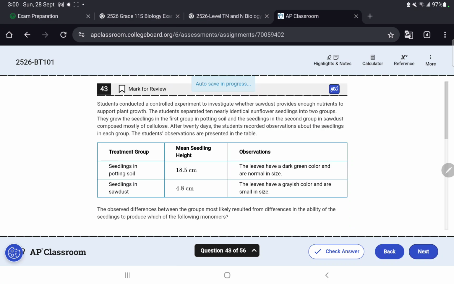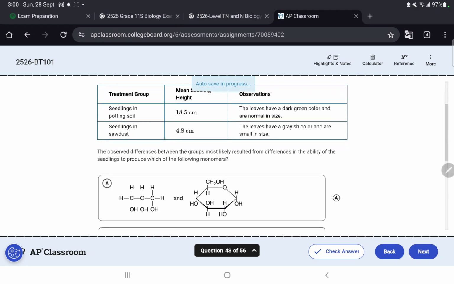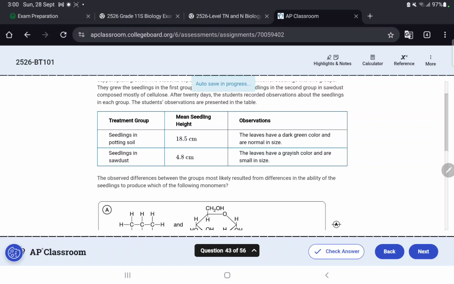Okay, so students conducted a controlled experiment to investigate whether sawdust... Wait, let me read the question first. The observed differences between the groups most likely resulted from differences in the ability of seedlings to produce which of the following monomers? Okay, so maybe we don't have to read the question here. Look here. Seedlings in potting soil and seedlings in sawdust.